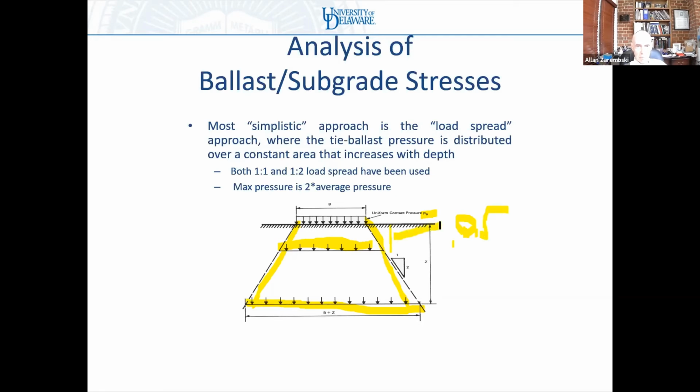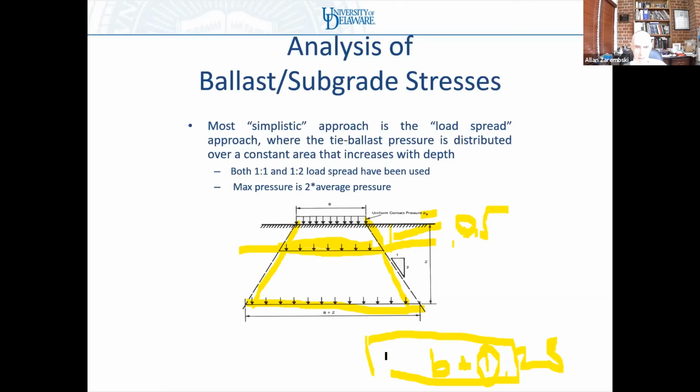so if this is a half a meter, then my cross-sectional area on the bottom with a 1 and 2 spread becomes the base, the sleeper length, plus 0.25 on this side and 0.25 on this side, because if I go down 2, I'm going over 1.